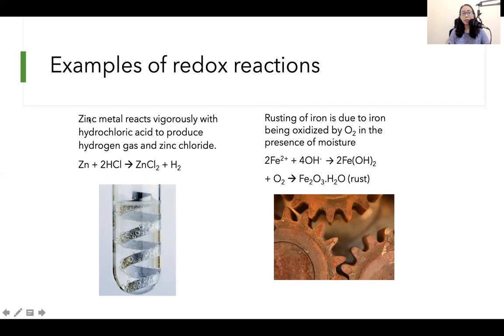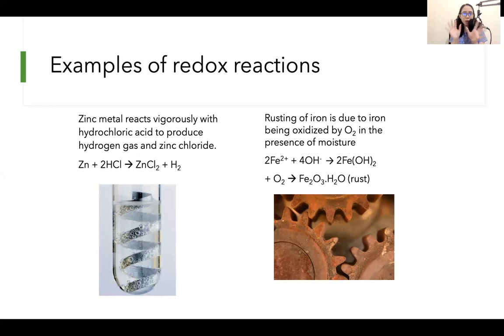Another example, again involving zinc, is the reaction of zinc metal with hydrochloric acid. If you can get your hand on some zinc, I believe the coating of nails, yung pako, is zinc. So try dipping a nail in muriatic acid.